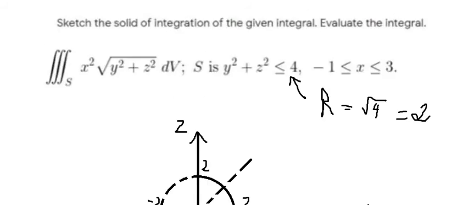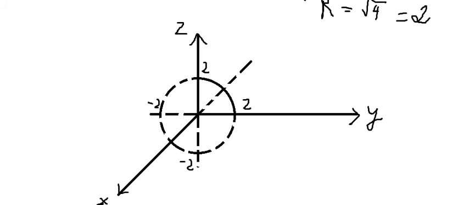Now let's go to the next one. We have the boundary of X from negative number 1 to positive number 3. So negative number 1, that's in here, and positive number 3, that should be in here.